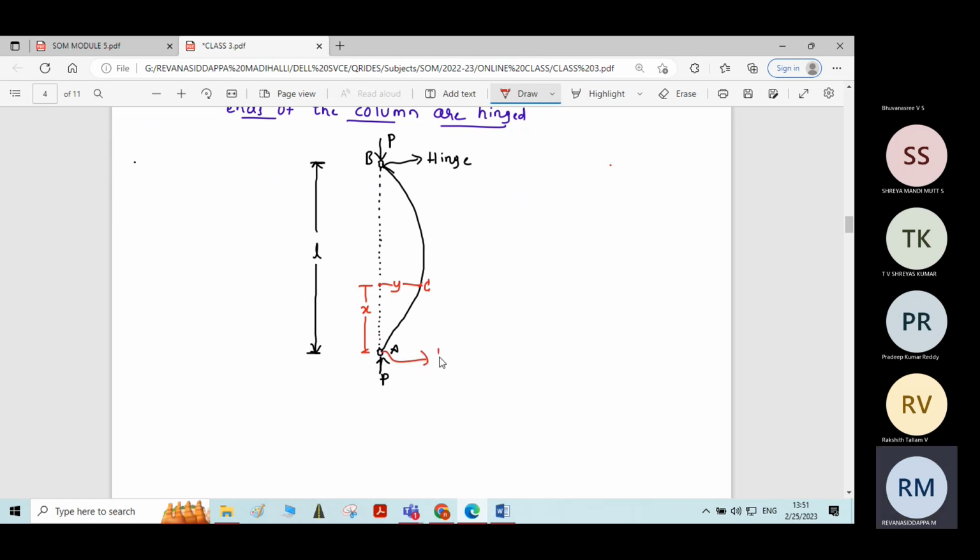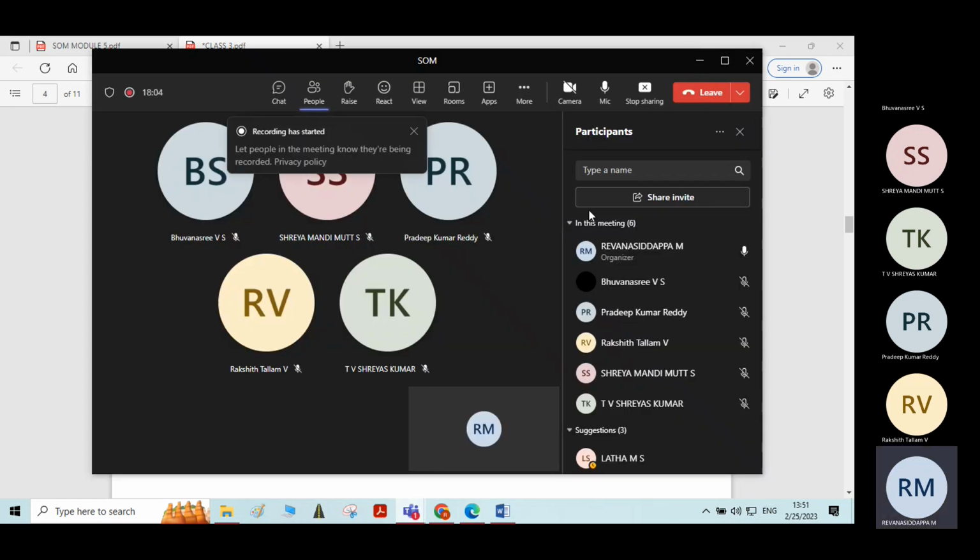Here also, both the ends of the column are hinged. If both the ends of the column are hinged, this is what the deflected shape means. It is concavity towards the center line of the column, towards the axis of the column. Correct? So for concavity, is the sign plus or minus? I told you the sign conventions.